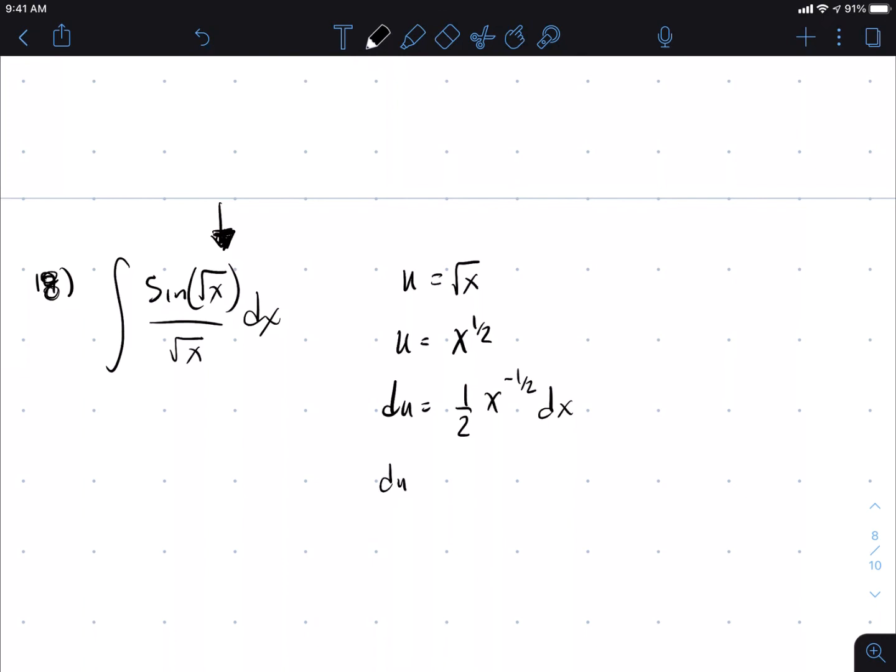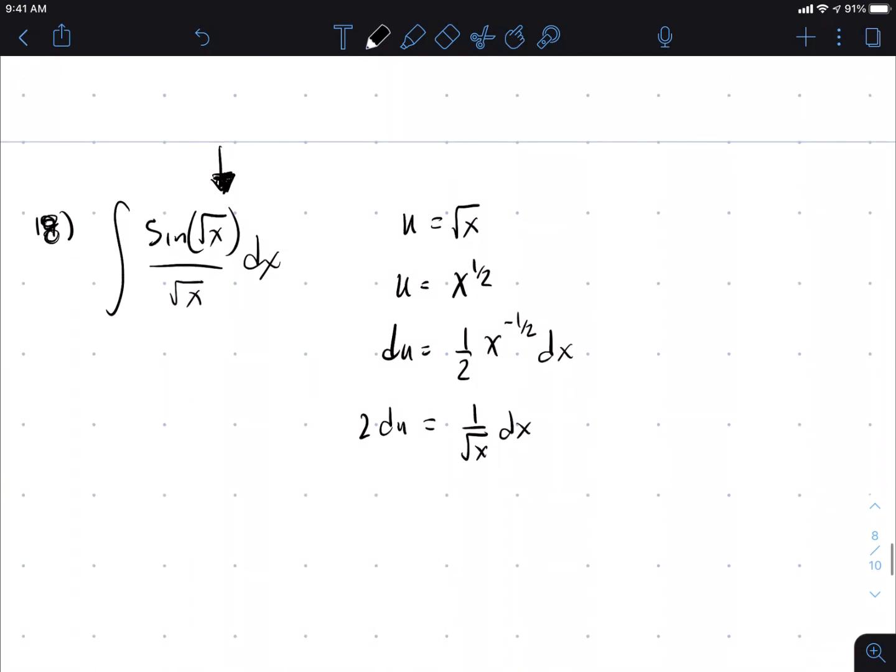Isn't that, if I multiply by 2, because I don't want the 2 there, isn't that 1 over root of x dx? Isn't x to the negative 1/2 power in the denominator root of x? So look at this. I'm going to rewrite our problem. Isn't that the same thing?